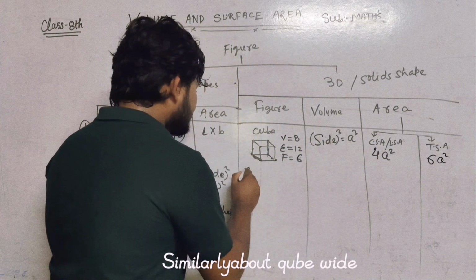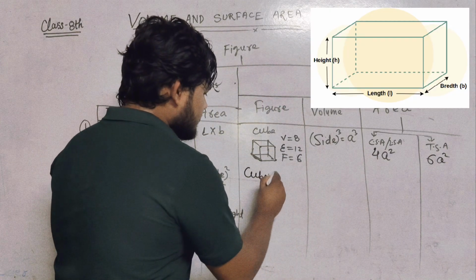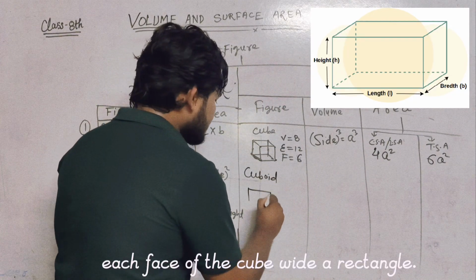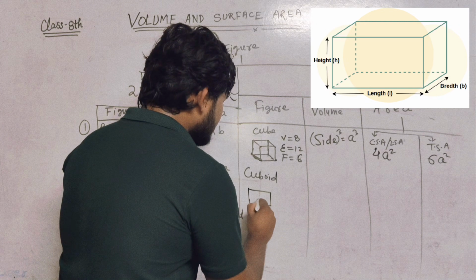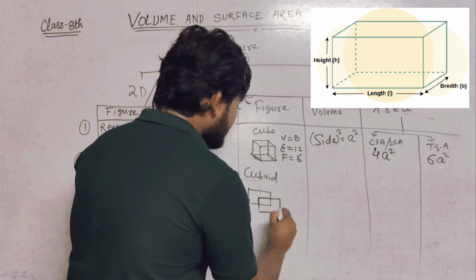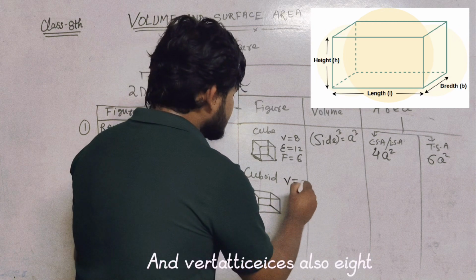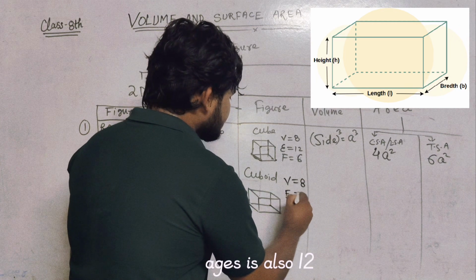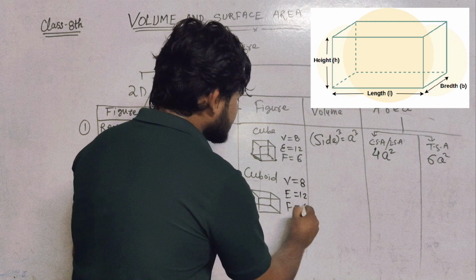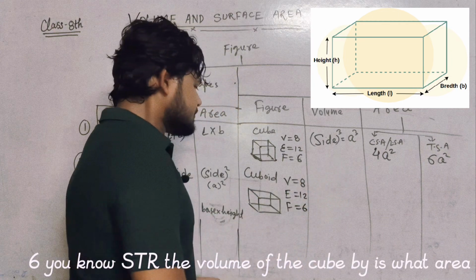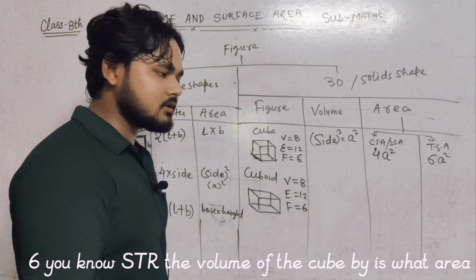Similarly, about the cuboid, each face of the cuboid is a rectangle, and it has 8 vertices, 12 edges and 6 faces. And you know student, the volume of the cuboid is what?